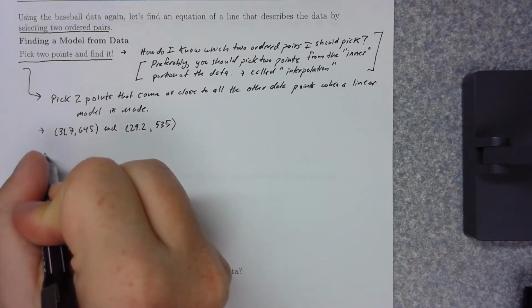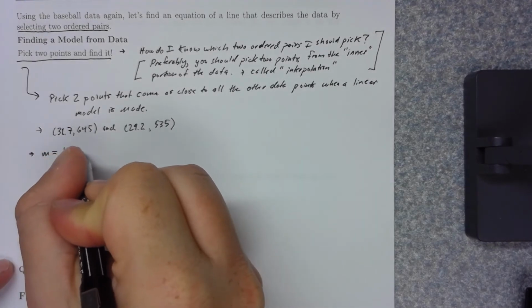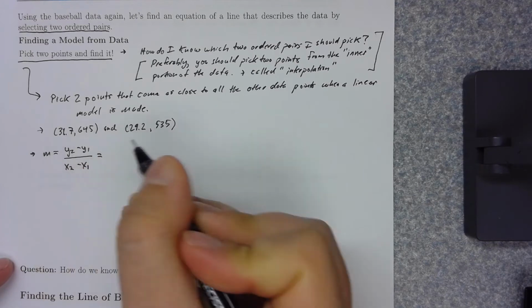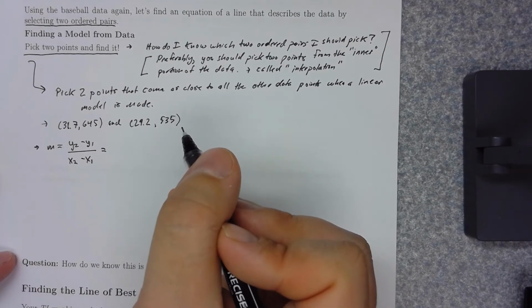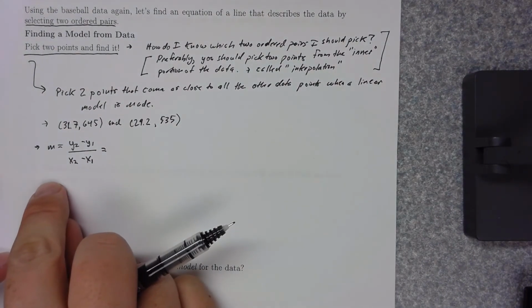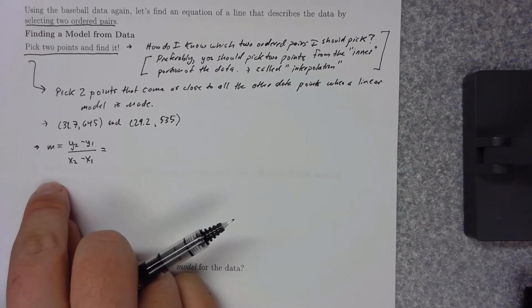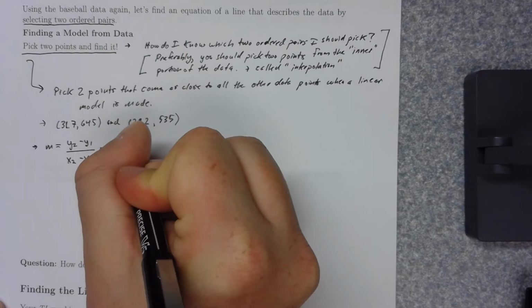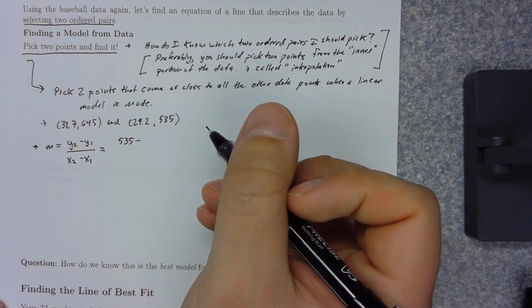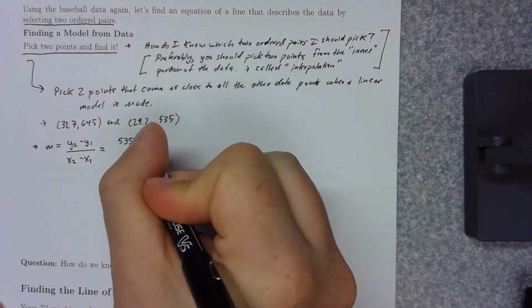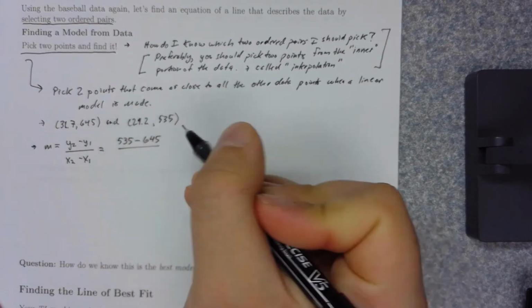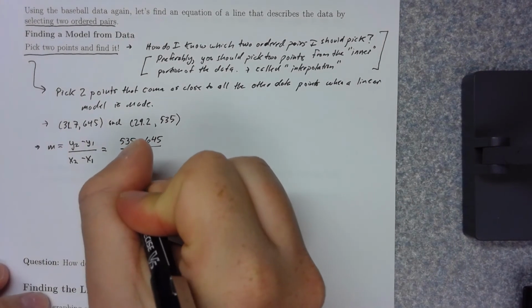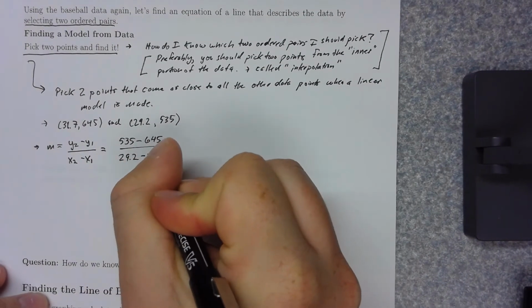The slope is y2 minus y1 over x2 minus x1, which equals 535 minus 645 over 29.2 minus 31.7.